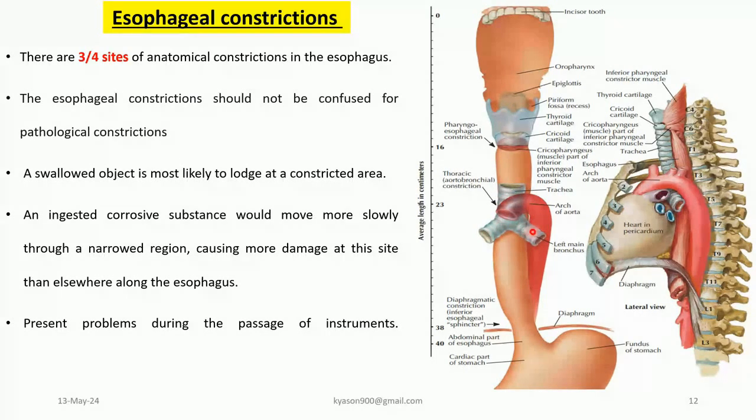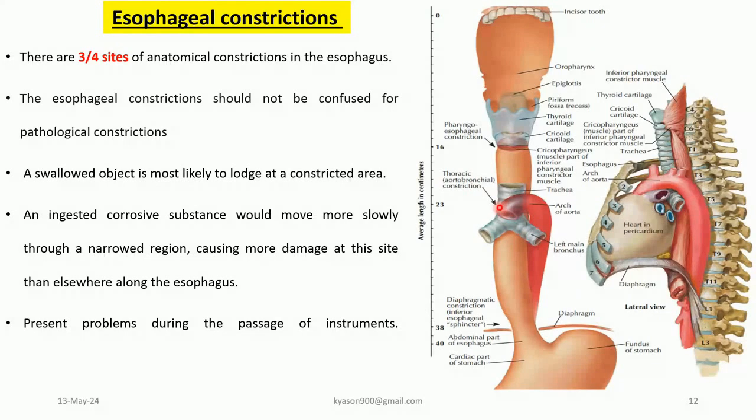The left main bronchus, as it's crossing to go to the left, it's going to cross the esophagus, and it will slightly constrict it. And this constriction will be at the level of T5. Because these two constrictions are almost close to each other, sometimes this constriction is described as one, and we call it the thoracic constriction or the aortobronchial constriction.